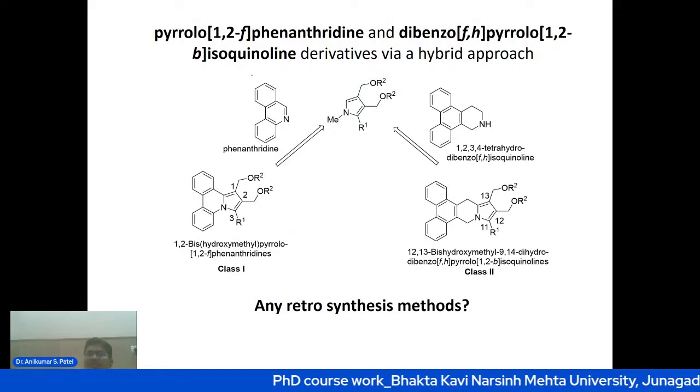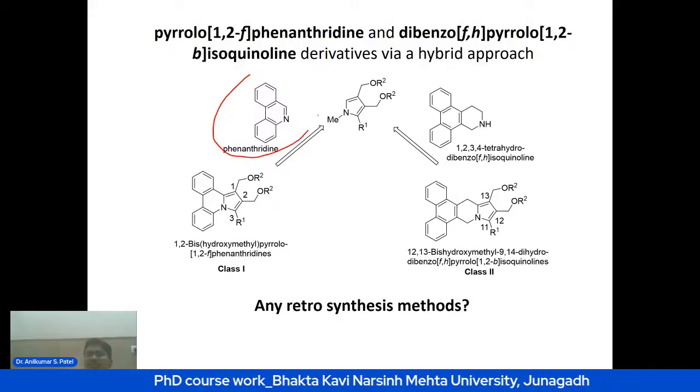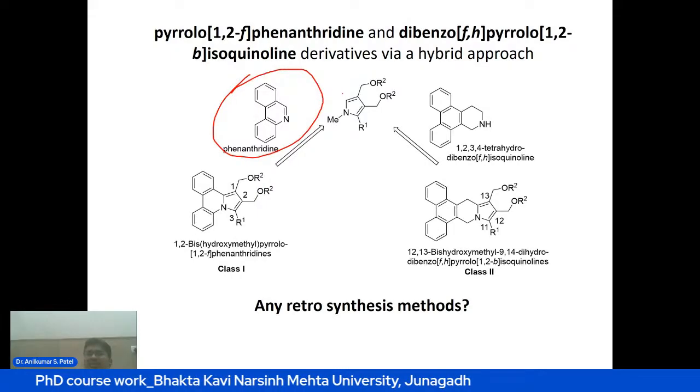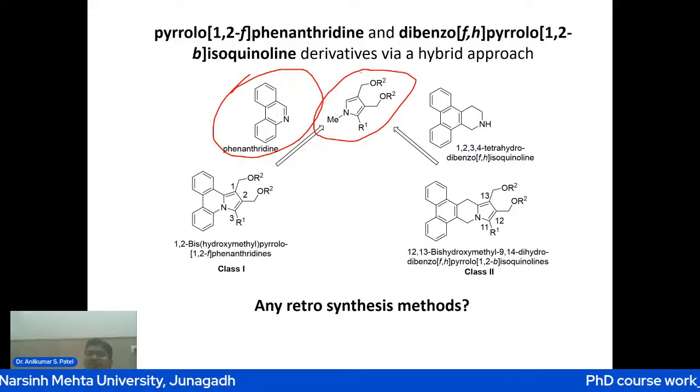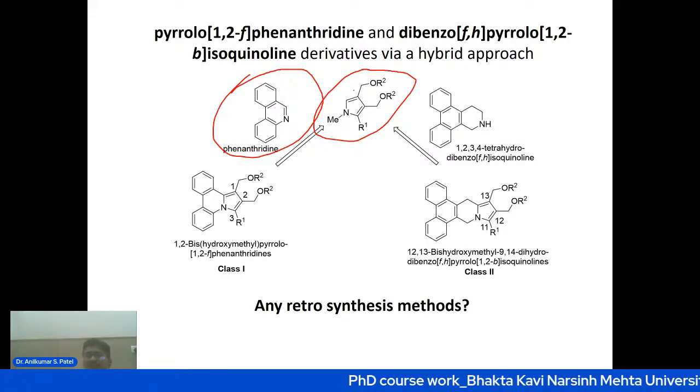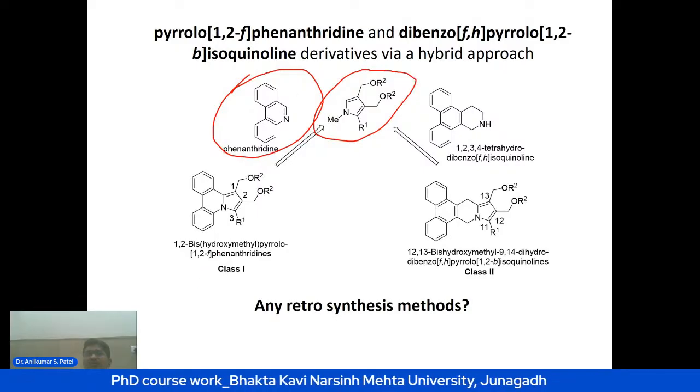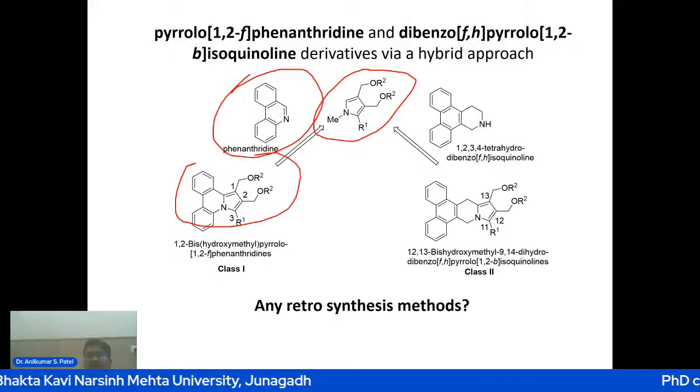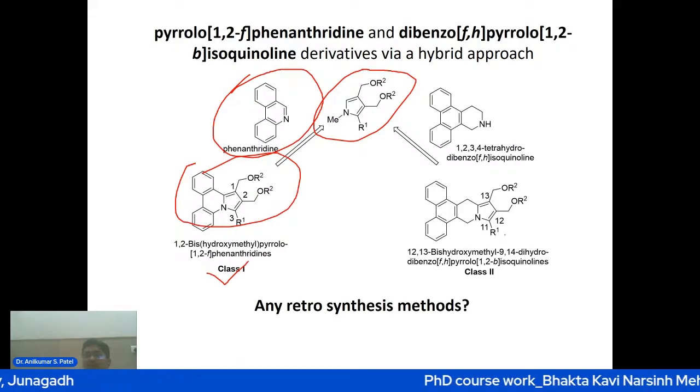We have taken the pharmacophore phenanthridine, and the most active pharmacophore for DNA cross-linking is a bis-hydroxymethylpyrrole. We combined these to produce bis-hydroxymethylpyrrolophenanthridine molecules. We designed this molecule as class 1.